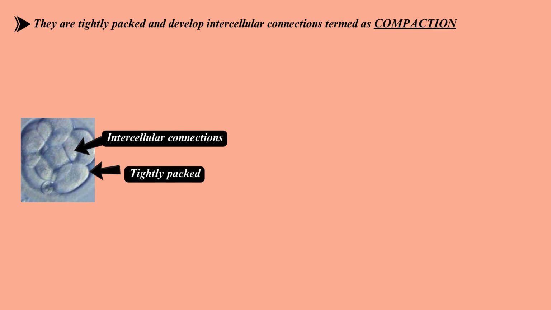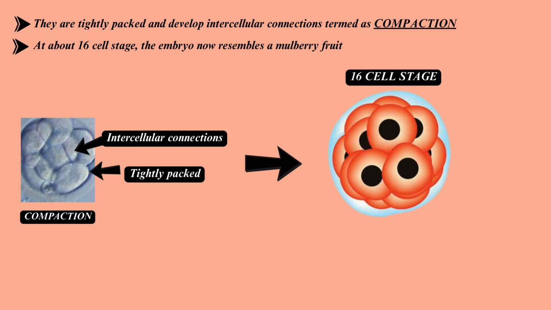They are tightly packed, they develop intercellular connection, and this process is called compaction. At about 16-cell stage, this beautiful early embryo resembles this mulberry fruit.